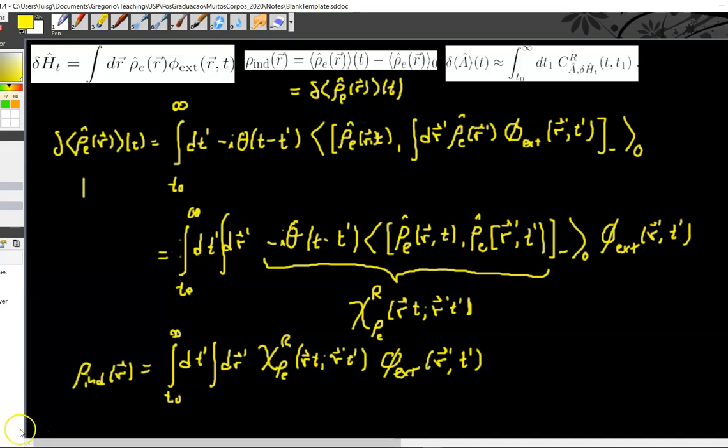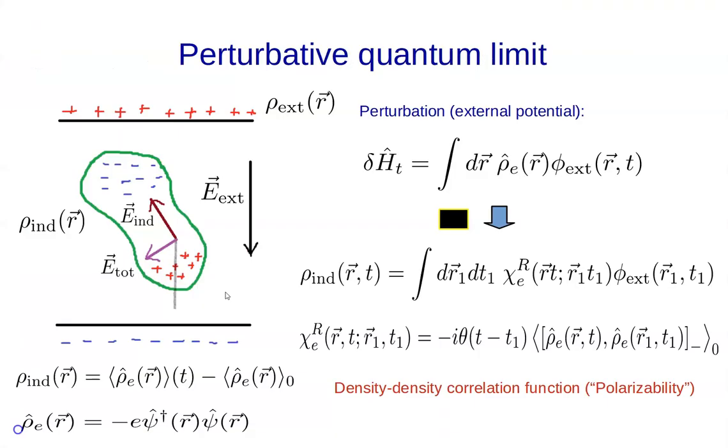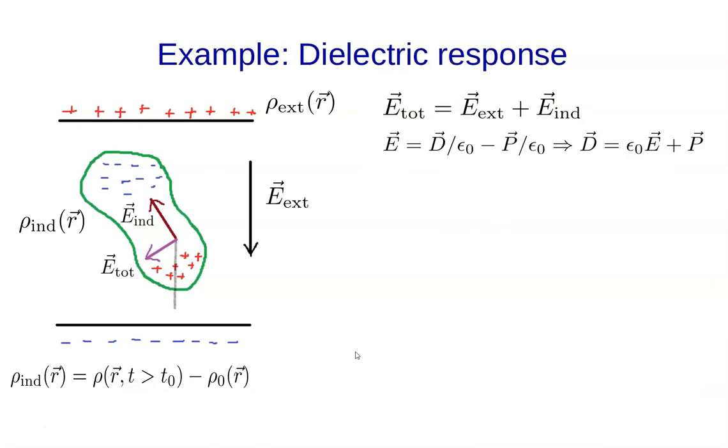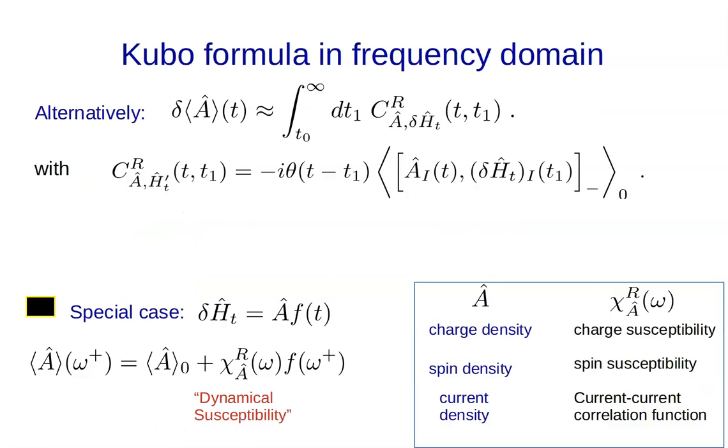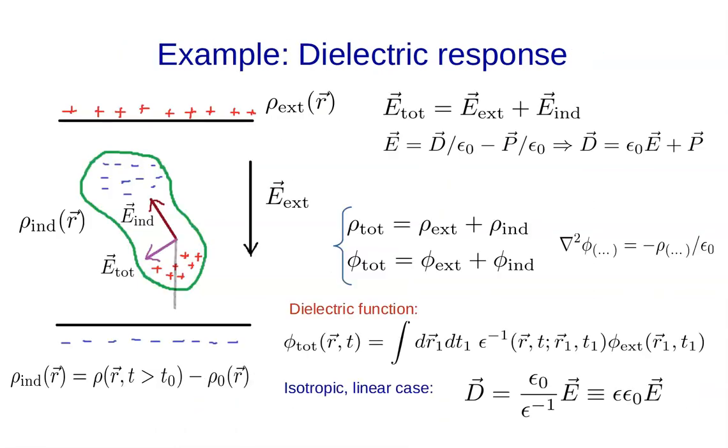So let's go back to the slide and take another look. Okay, so we got to here. And now what we want, remember, is the response function, the dielectric constant, which is this, one more, oops, sorry, one more, there.